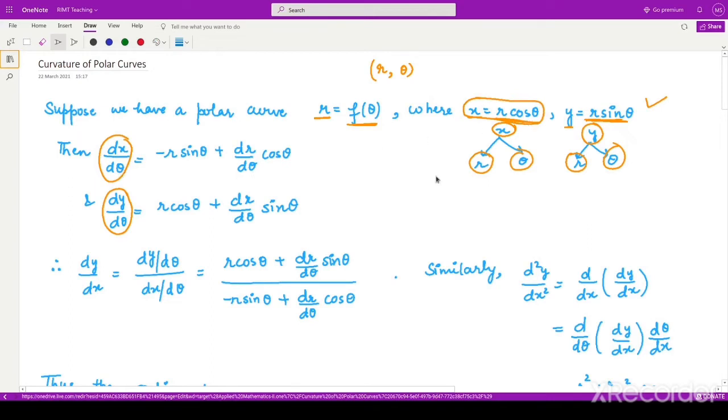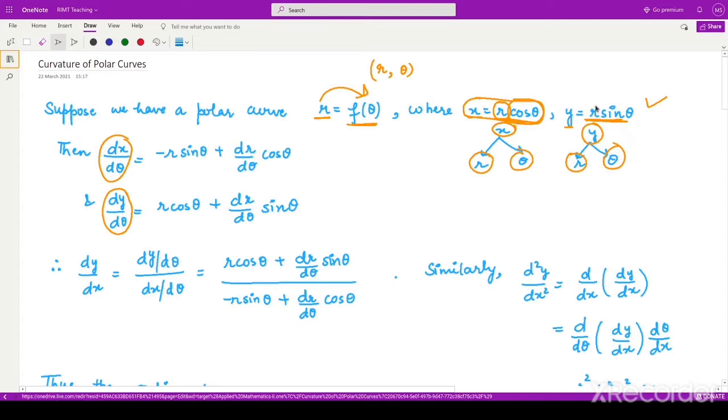Now r is a function of theta as well. So when you differentiate with respect to theta, you have to apply the product rule here, because r is a function of theta and cos theta itself is a function of theta. So firstly we keep r as such, the derivative of cos theta is minus sin theta, and then we take the derivative of r, that would be dr by d theta, and then cos theta as such.